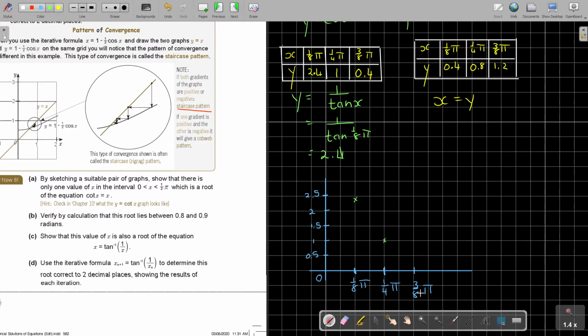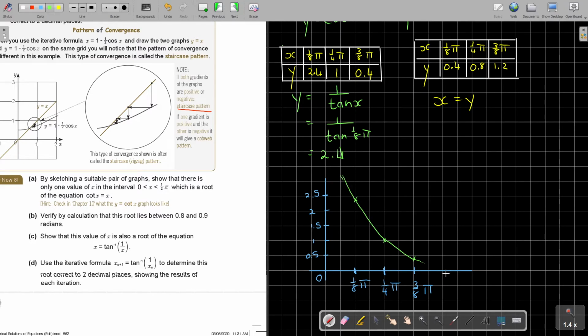And then 3 over 8, and that is 0.4. Okay, and then remember, you know that graph, it's coming from there, but it's fine because you can go closer. Just remember that it's going to intersect there, but it's just showing the root, so it's just going to go up to there.